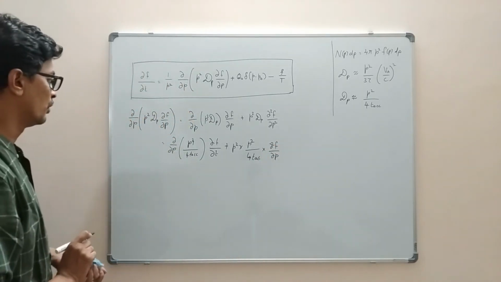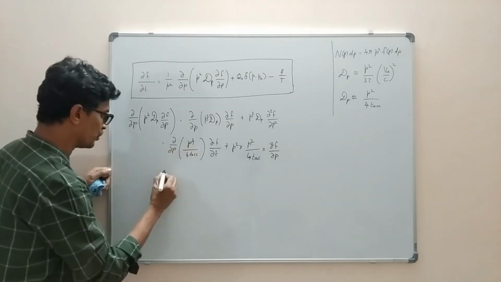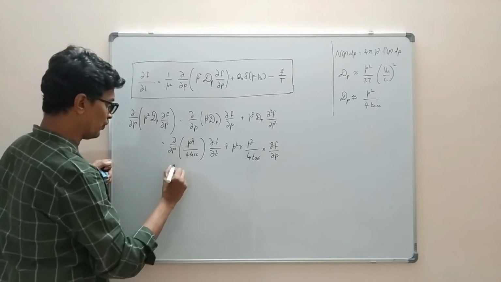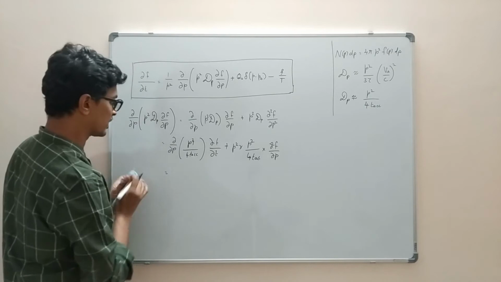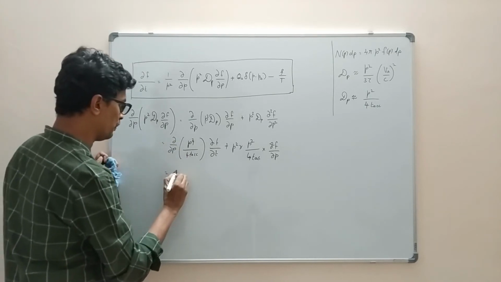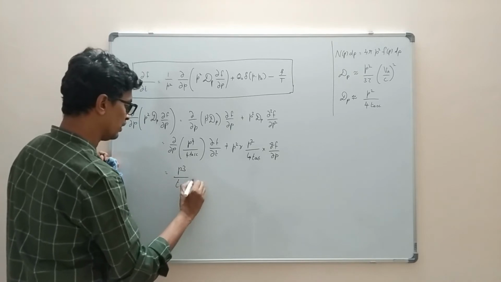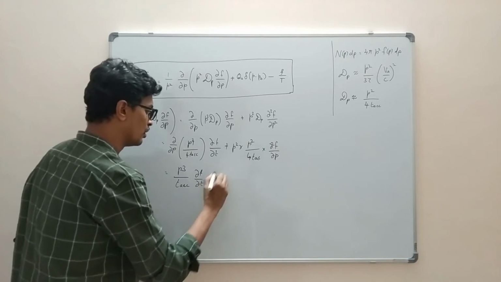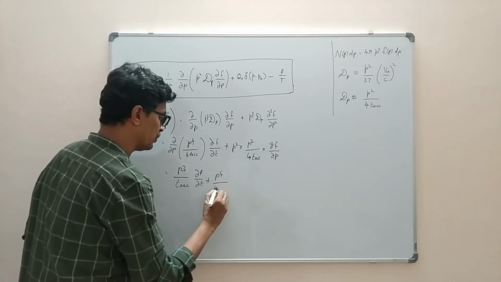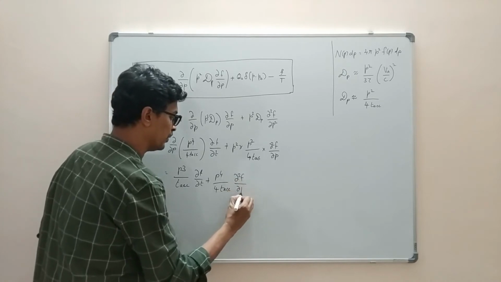Good. So this is going to become, 4 gets cancelled off, so P cubed by TACC into del F by del P plus P power 4 by 4 TACC del square F by del P square.